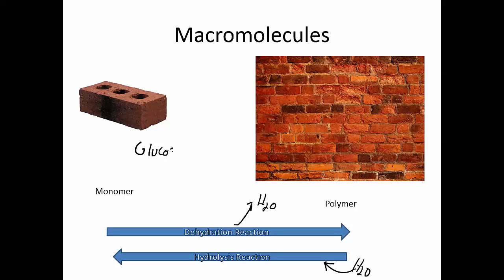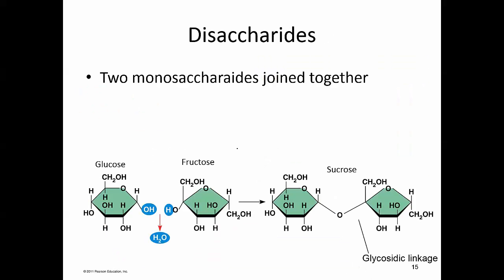All right, glucose. And then an example of a polymer would be starch. So monomer glucose, polymer starch. So if we take two glucose molecules, or in this case a glucose and a fructose, both are monosaccharides.